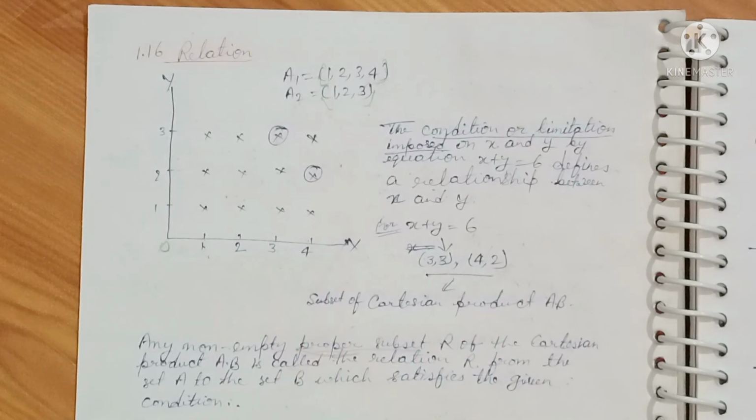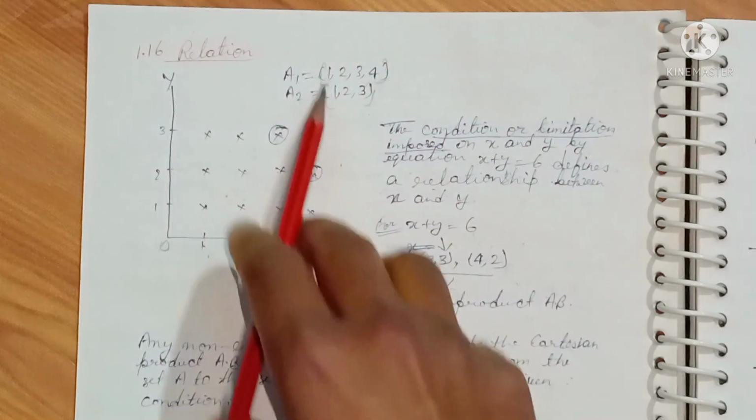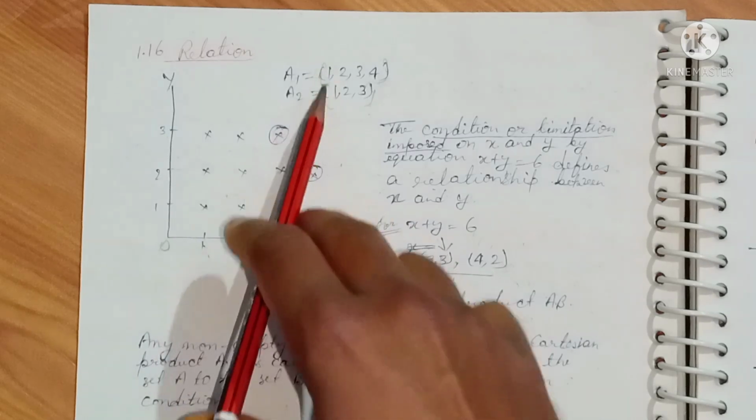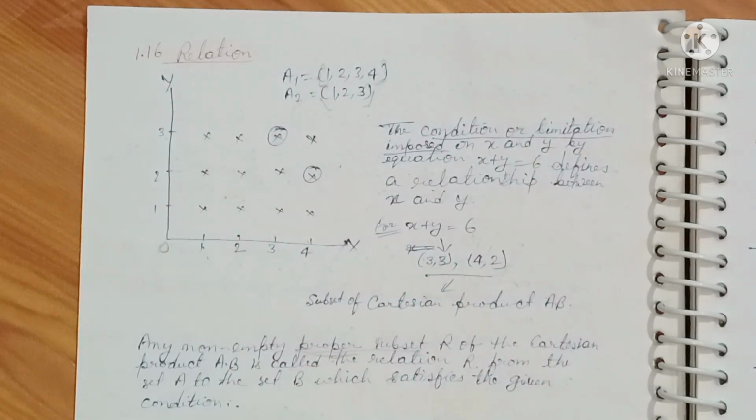Then comes the domain of a relation. Domain means, in the Cartesian product, the set of all the first elements. Here two sets are given. If you find the Cartesian product, you will get the first element and the second element.